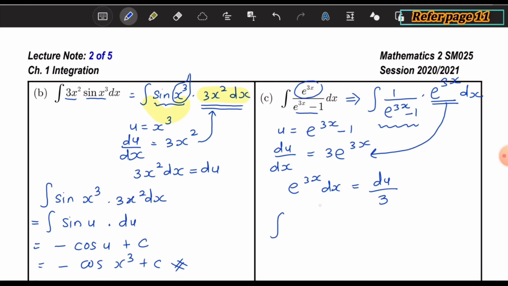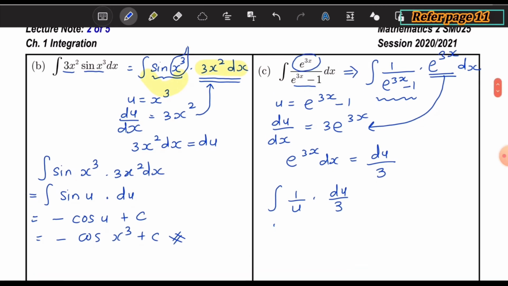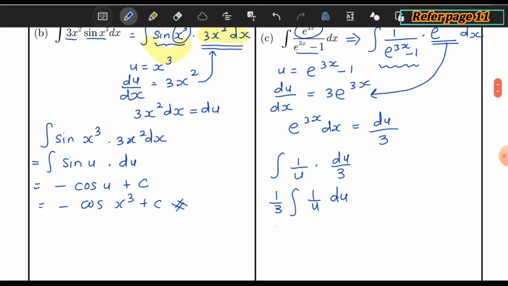Therefore, the integral becomes 1 over u times du over 3, or 1 over 3 integrate 1 over u du. The answer is 1 over 3 ln u plus c, or 1 over 3 ln exponent 3x minus 1, which is our u, plus c. Done for question part C.